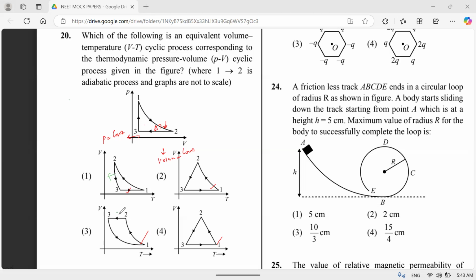Then from 3 to 1, pressure is constant; in the other option, pressure is not constant. Now we need to write only with respect to volume and temperature. So what is the best option? The third one. Done? Yes, sir.